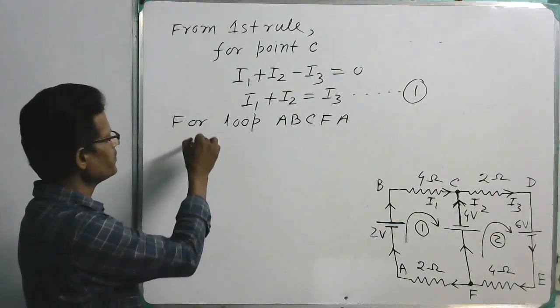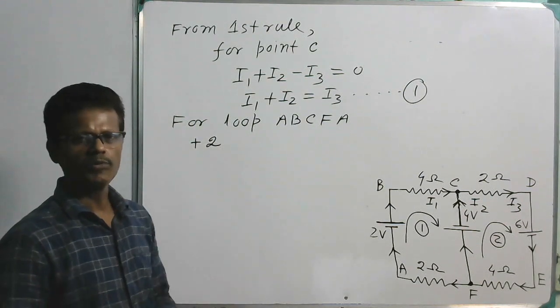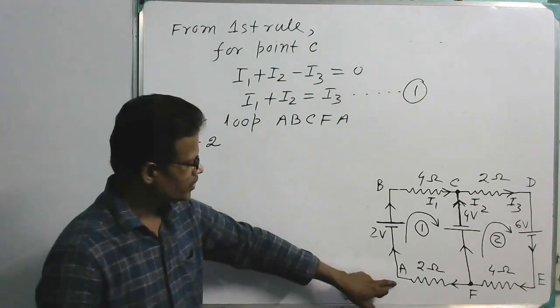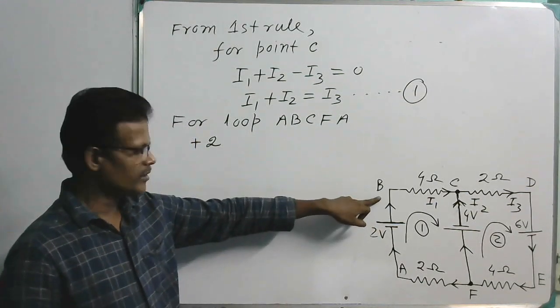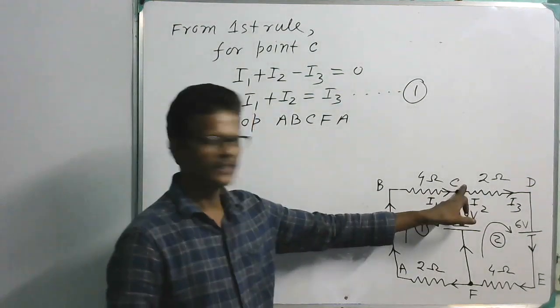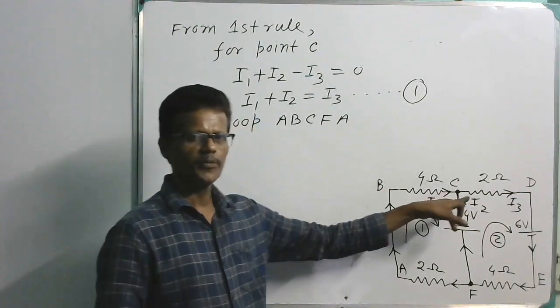Simply write 2. Now from B to C, you are moving in the direction of current.